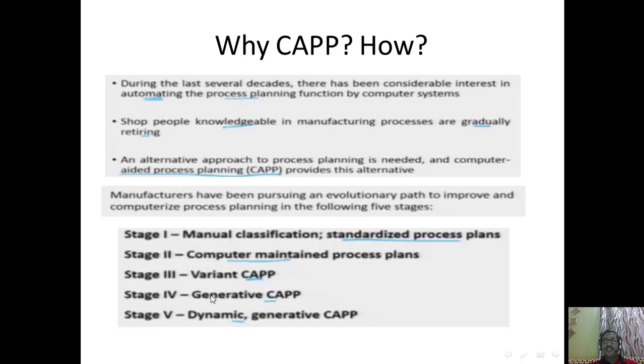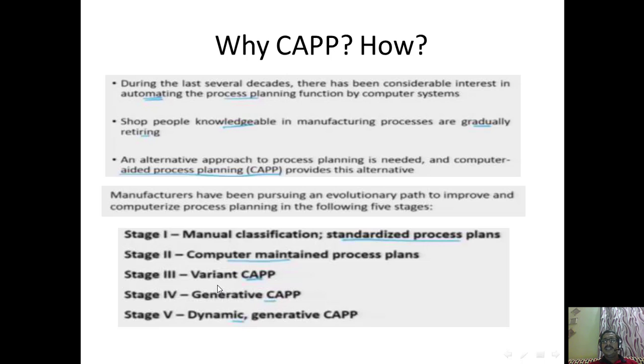And then in stage 3 and 4, due to the development of low cost, highly efficient computers with minimum response time, variant CAPP and generative CAPP have been developed. Variant CAPP basically works on the principle of group technology.